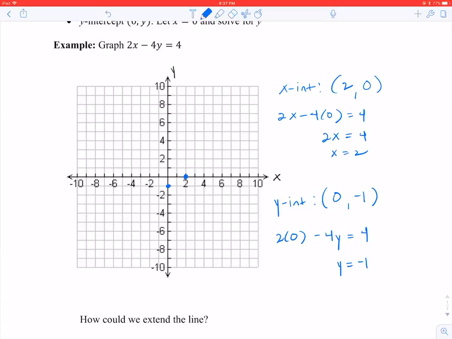So the slope of the line is a ratio that describes the steepness of the line. And if you think back to Algebra 1 or whenever you last studied lines, slope, remember, is rise over run. We read graphs from left to right, just like a book.